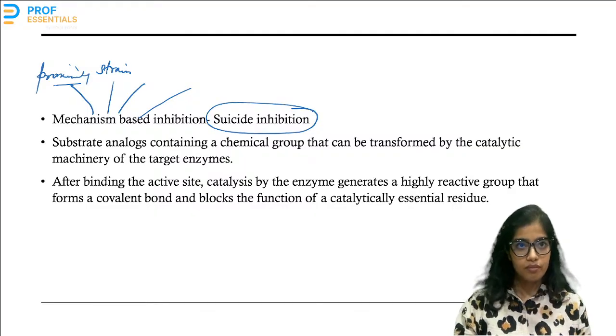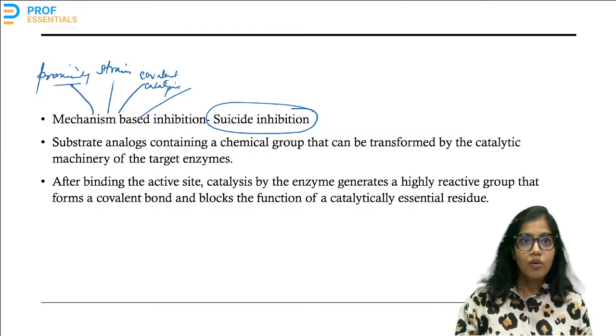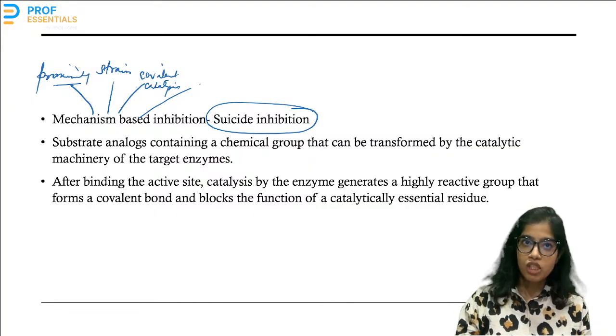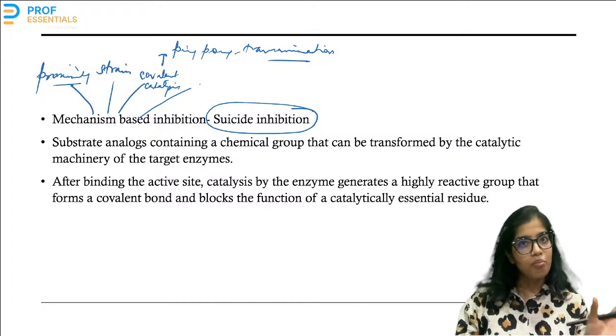Next is covalent catalysis, where covalent bond formation occurs. The example we read was the ping pong mechanism of transamination. One amino acid comes in, the other follows, the first one goes away, and an enzyme-amino acid complex was getting formed.